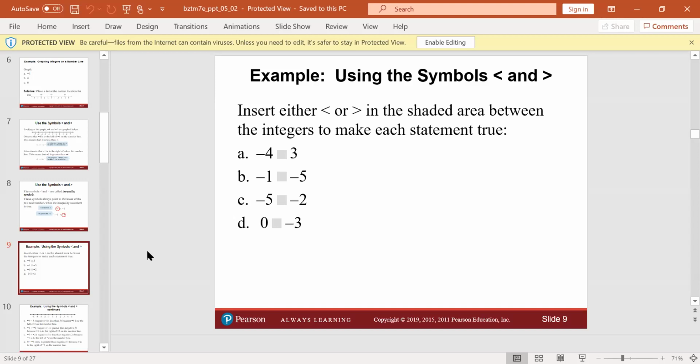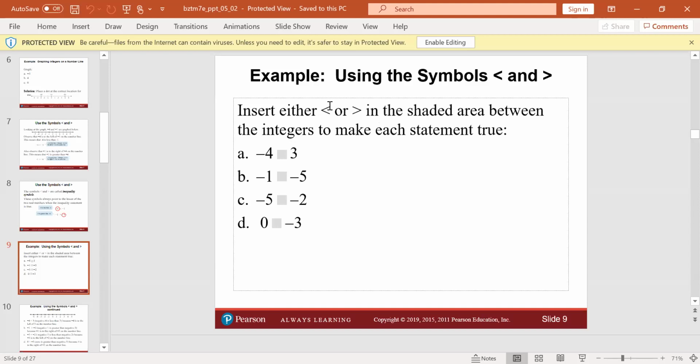Absolutely, the less than symbol. All negative numbers are automatically less than any positive number, right off the bat. So I would put a big less than sign. In part A, we would use the less than symbol, which is this one right here.